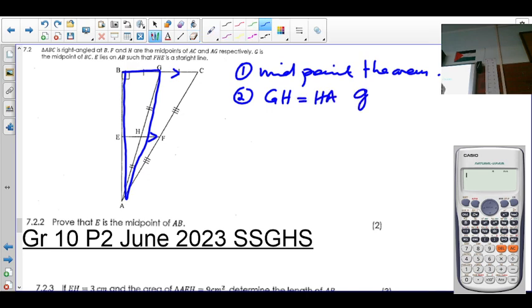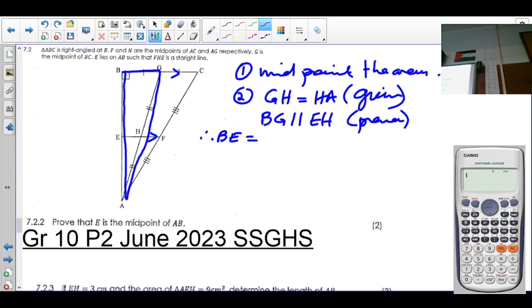Why? That was given. And then we know that BG is parallel to EH. That was proven in the previous line. Therefore, BE is equal to EA. Why? Because of the converse of the midpoint theorem.